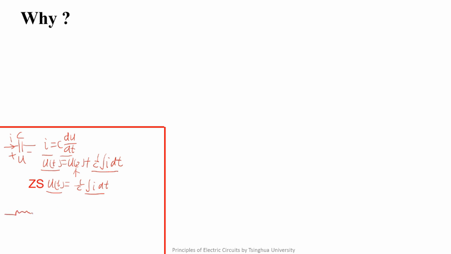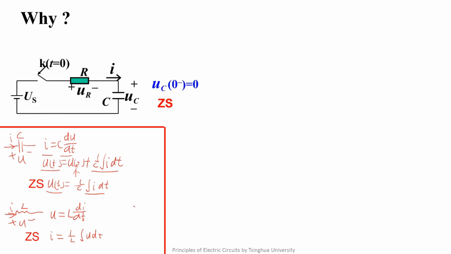Similarly, for an inductor, its differential relationship of the voltage and the current is linear, and the integral relationship of voltage and current is linear in zero-state condition. With the above knowledge, we have further discussion on the solution.